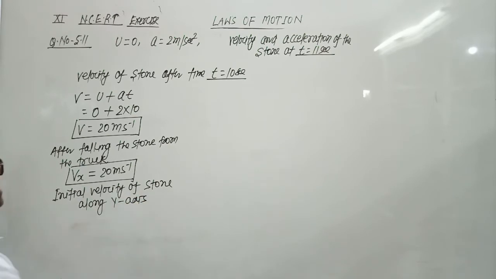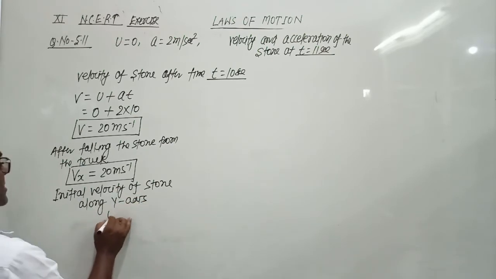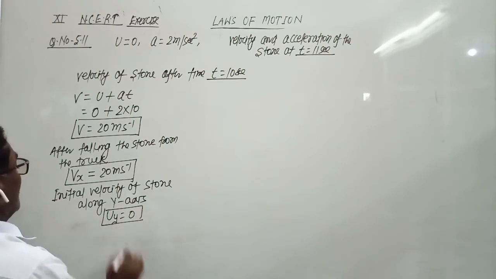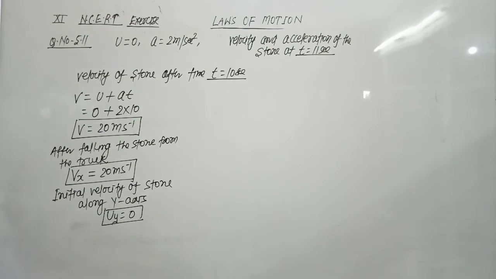Initially the stone was at rest, so the initial velocity along the y-axis, Uy, is 0. Since it was at rest, Uy equals 0.